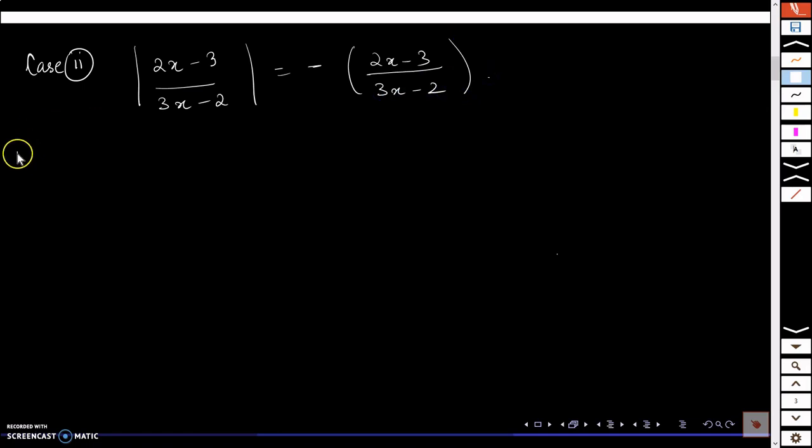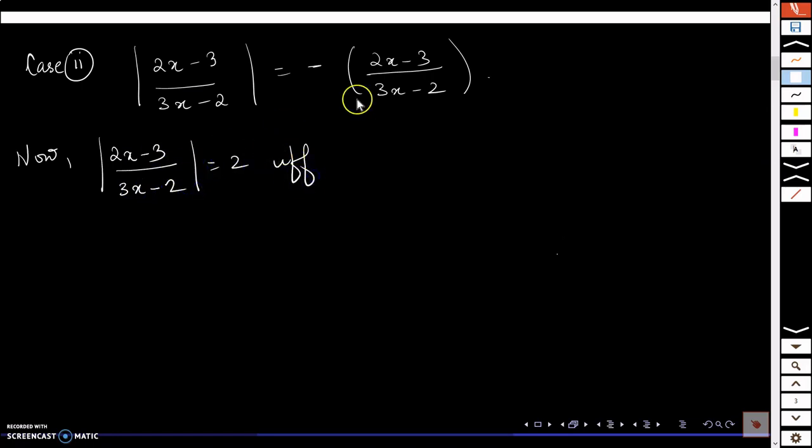So now let's start again. I want to find out when this will be equal to 2. So this will be equal to 2 if and only if, but this is nothing but this negative here, if and only if this expression is equal to 2.